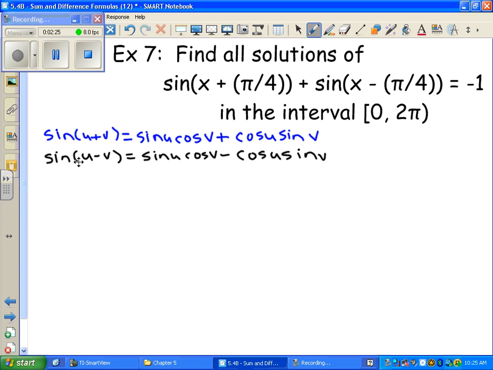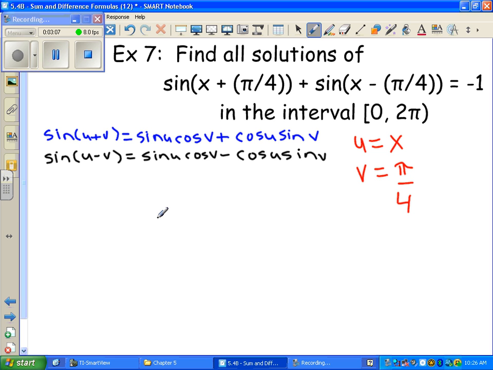Here are the two general formulas that I'm going to use, and in both the sum and the difference, my u is equal to x, and my v is equal to pi over 4. I'm going to make the substitutions and rewrite this whole mess using these two equations, because I don't know what I would do if I tried to solve it in this way. I'm not sure what other strategy I can use other than these sum and difference formulas.